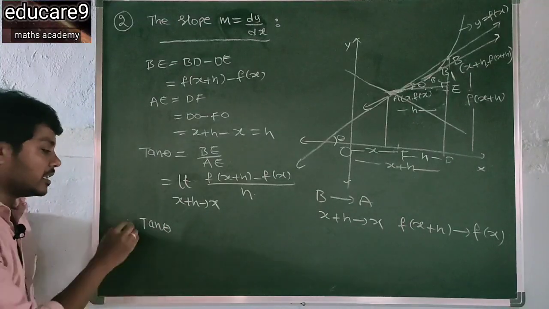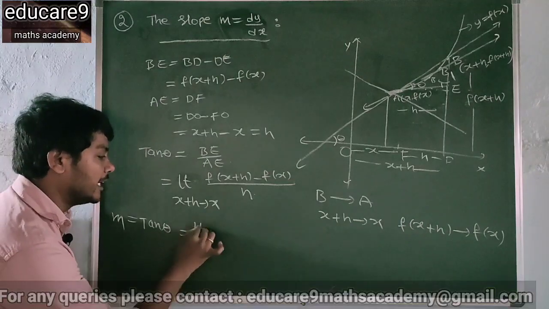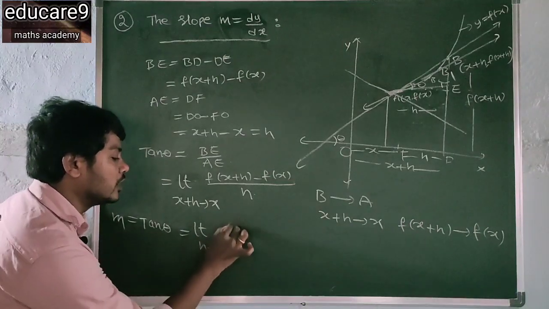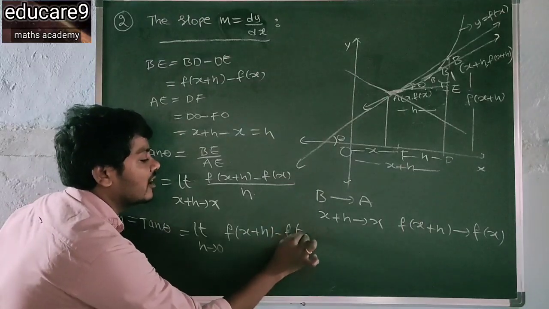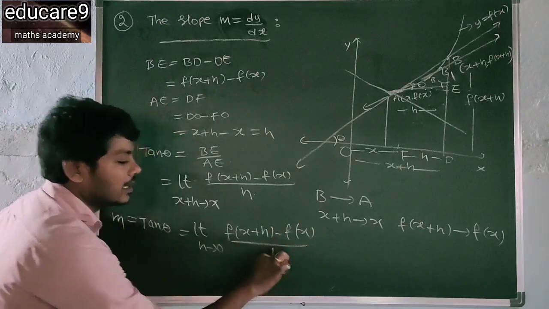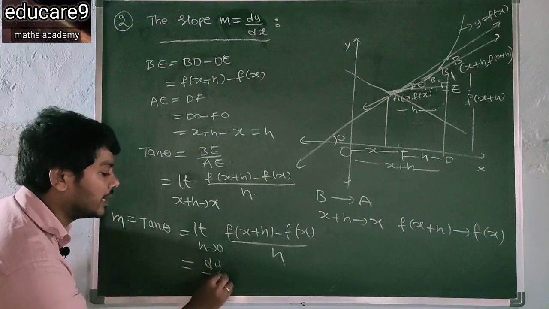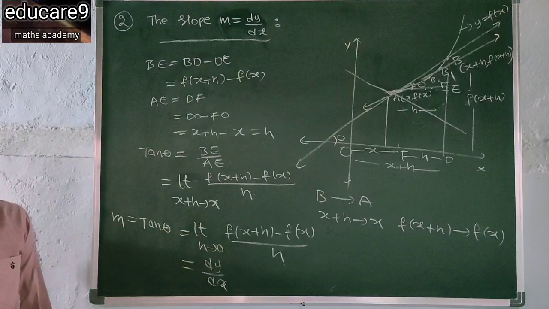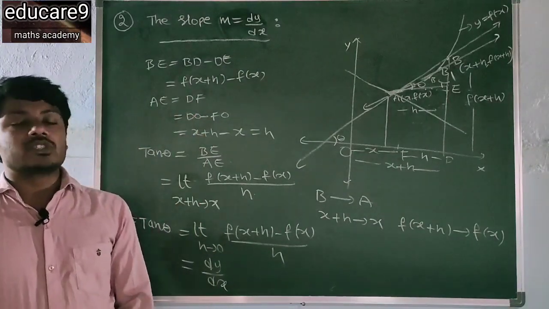The tangent line. That is what? M only. So this is equal to limit h tends to 0, f of x plus h minus f of x by h. So this is what? The first derivative, that is dy by dx. So that's why we say slope m is equal to dy by dx.